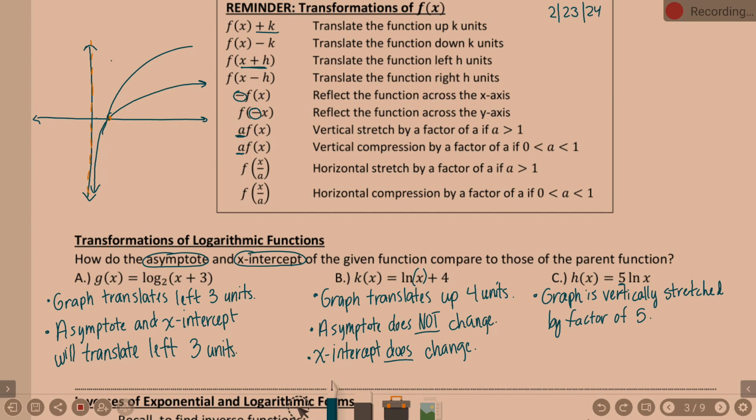So asymptote's not going to change. What about the x-intercept? It does not change, does it? Right now this x-intercept, in my basic graph, is at (1, 0). If you take that y value and multiply by 5, 5 times 0 is still 0. So here's an example where neither change. Asymptote and x-intercept do not change.